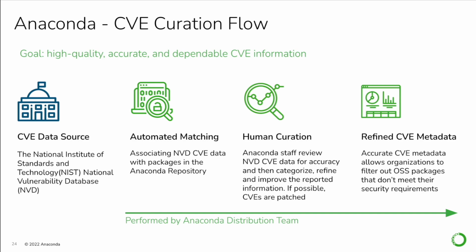Based on this curation or review process, an output of results comes out, which we call our refined CVE data. This refined set of CVE data is essentially quick flags added by Anaconda for you to quickly understand the status of that package when it comes to security.